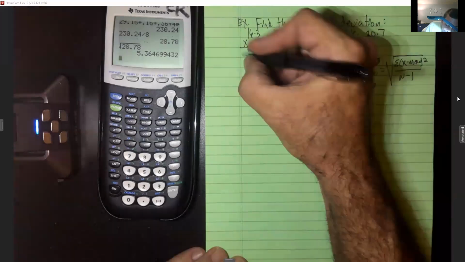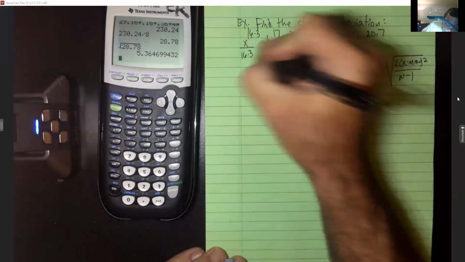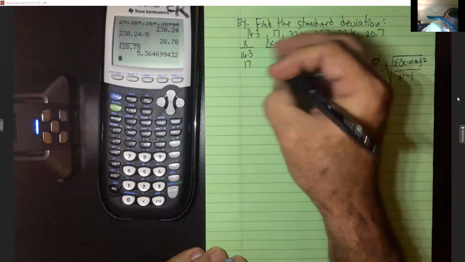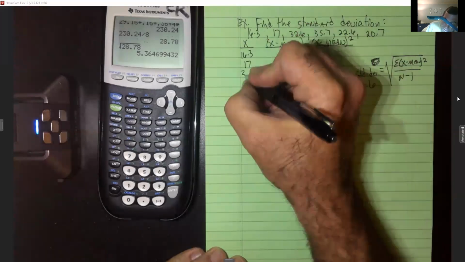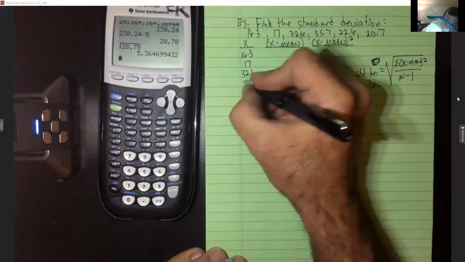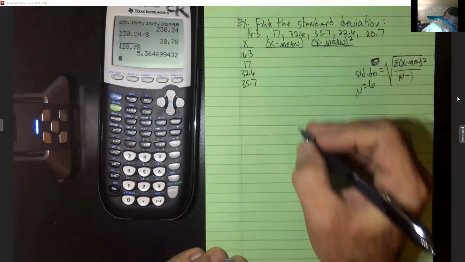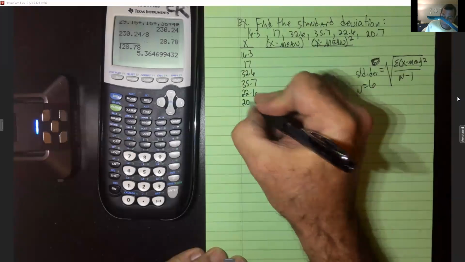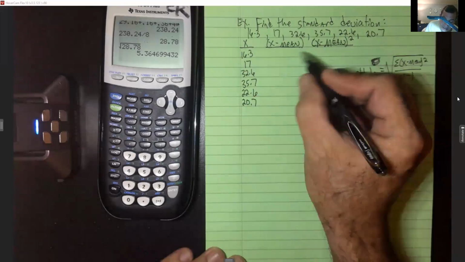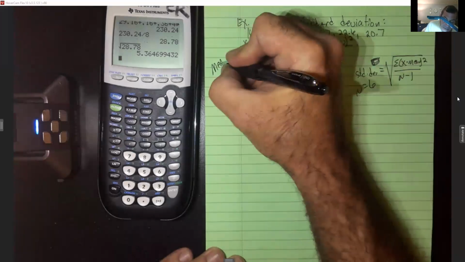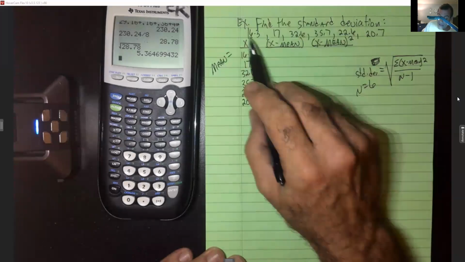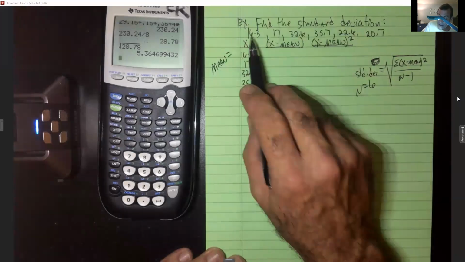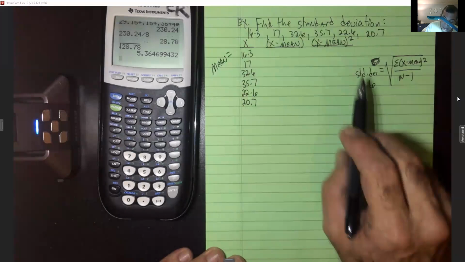All right, so let me put my x's: 16.3, 17, 32.6, 35.7, 22.6, 20.7. So remember, I have to find my mean. My mean is going to equal all these added together divided by 6, because that's how many I got.